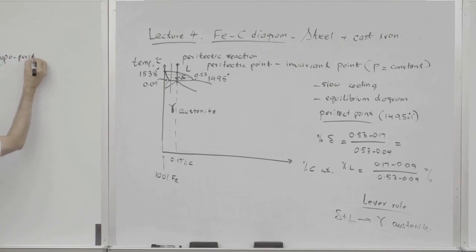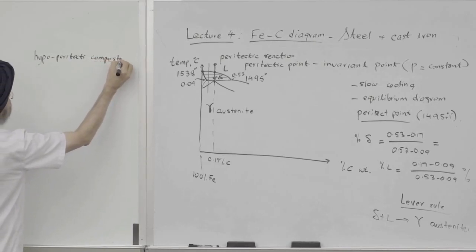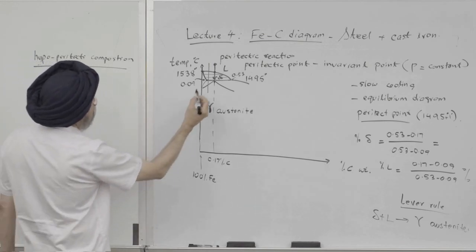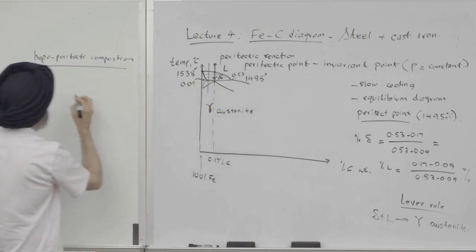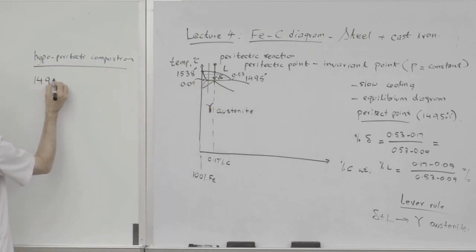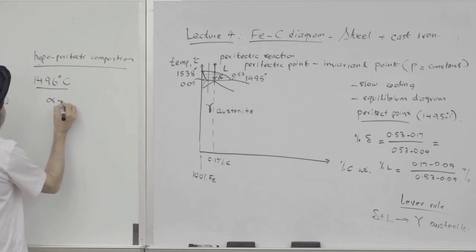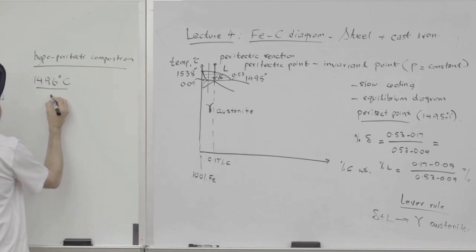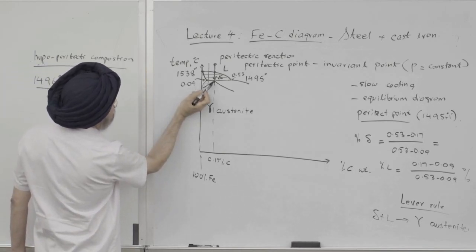So here what happens is, when you get to this point, let's say just above this line, which is, let's say, 1496 degrees centigrade, you still have delta plus liquid, but you have more delta than the peritectic.